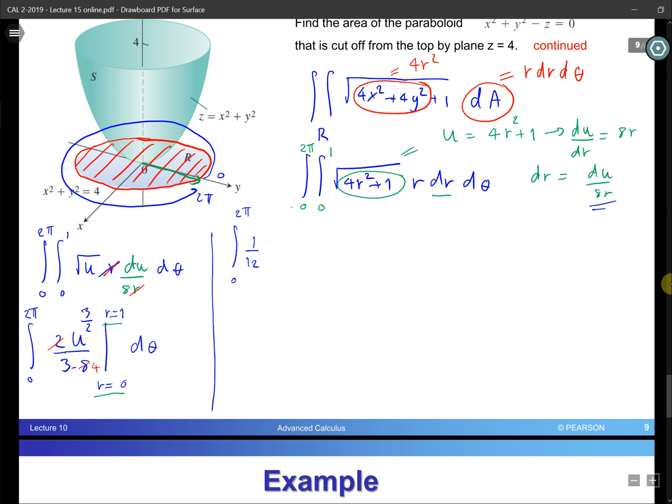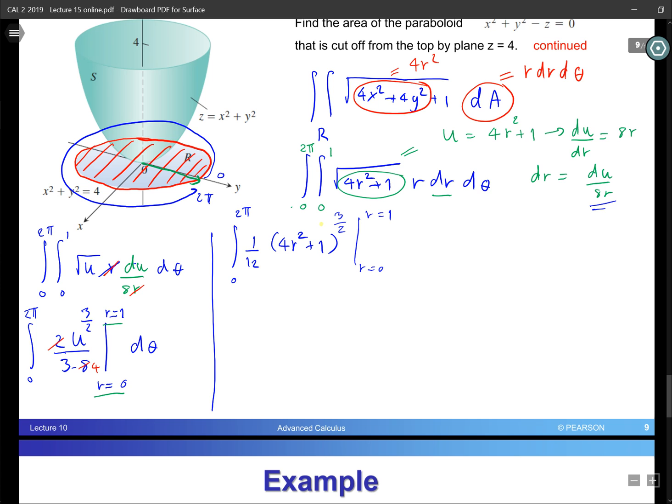And we have u equal to 4r squared plus 1. Now this is messy, so what about I keep it just the same as before, 3 over 2. Evaluate this at r equal to 0 and r equal to 1.